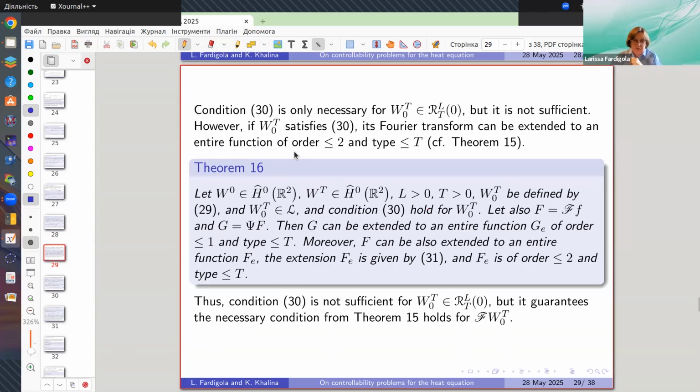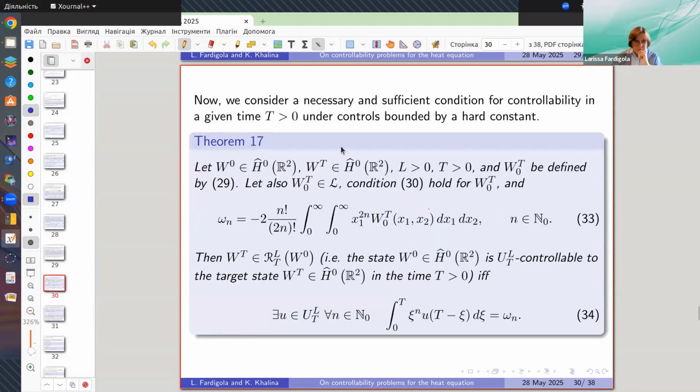We have an analog theorem that gives a necessary condition for RT, but I have no sufficient time, and I consider the following theorem.